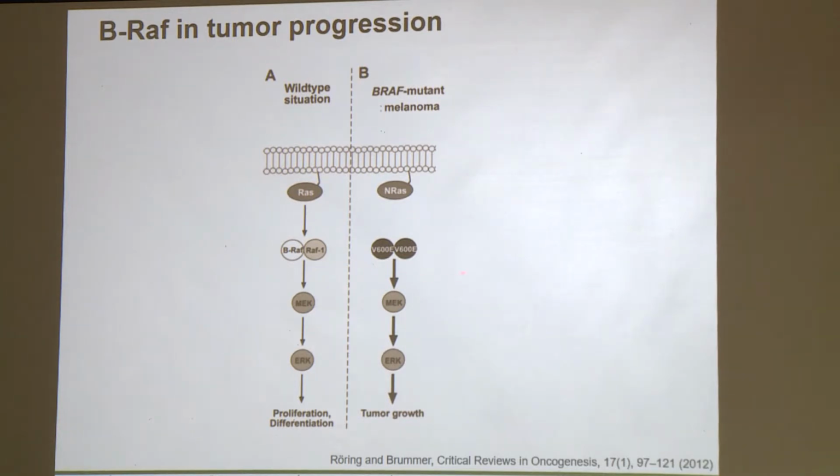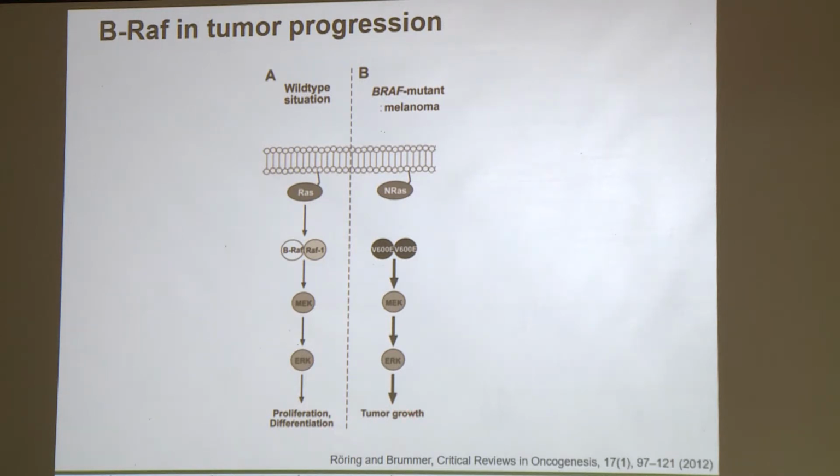If you have mutated BRAF, this mutated BRAF is not dependent anymore on any input signal. This is the V600E mutation. It locks the kinase in a constitutively active variant. This constitutively active kinase constantly activates MEK-ERK and basically constantly signals proliferation and growth. And this is then how it comes to tumor growth.